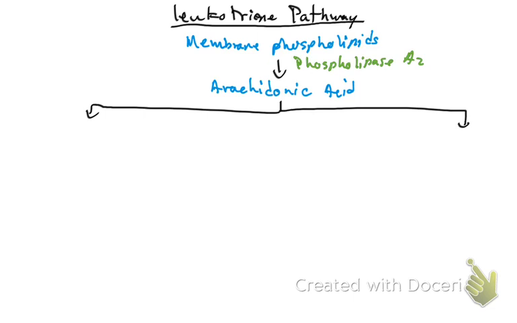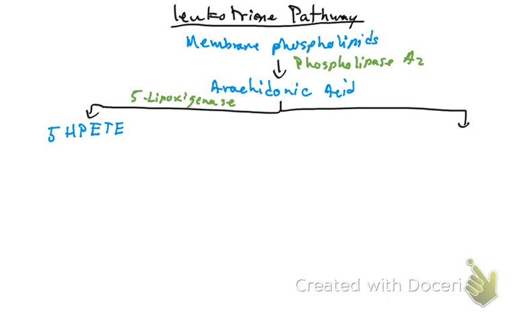So 5-lipoxygenase acts on arachidonic acid and gives us the 5-HPETE.